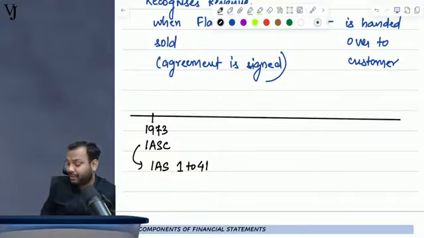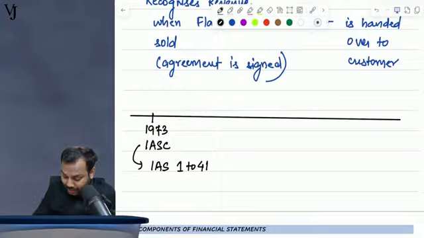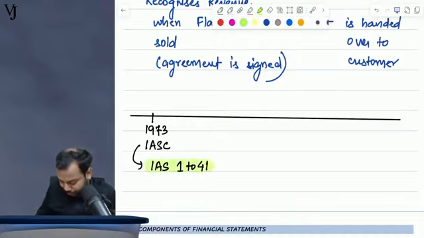In 1973 the standards were set up from IAS 1 to IAS 41.